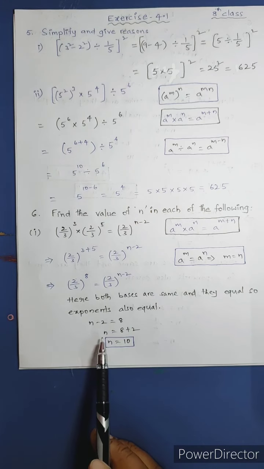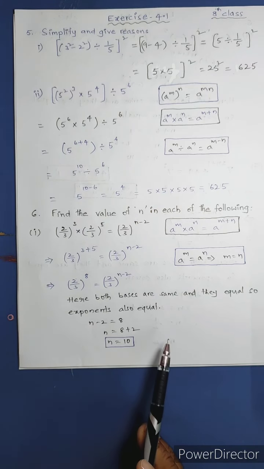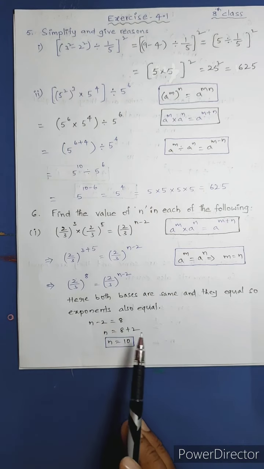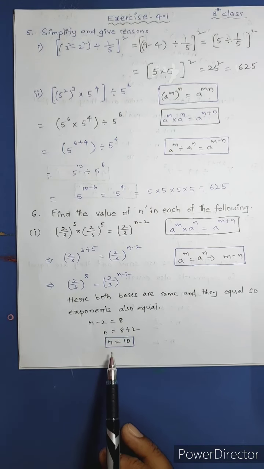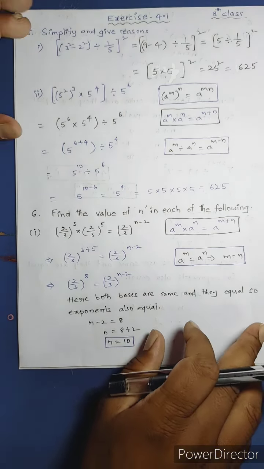Take n as the subject. Send minus 2 to that side, minus 2 changes to plus 2. 8 plus 2 gives 10. The value of n is 10.